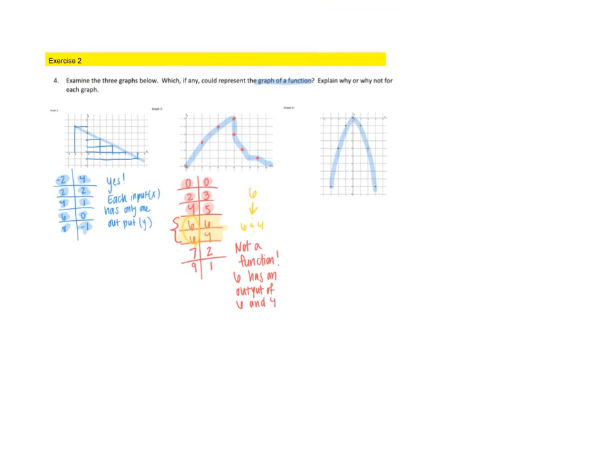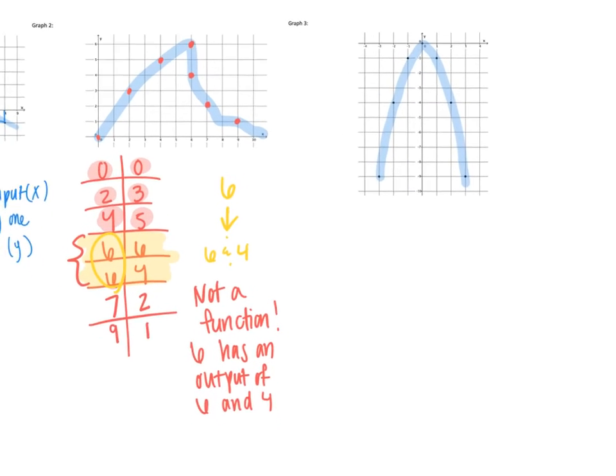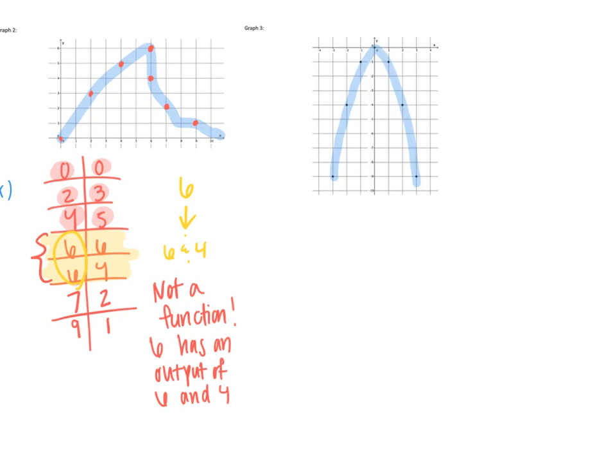All right? Moving on to the third graph here, graph number 3. I have a point at -3, -9. This one's at -2, -4. This one's at -1, -1. This one's at 0, 0. +1, +1. Over 2, -4.